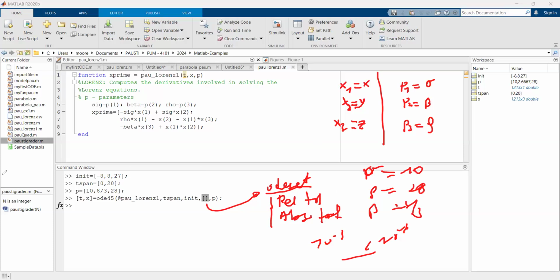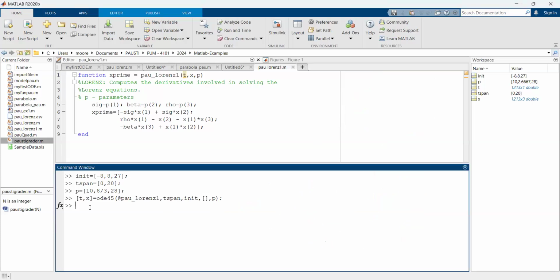Okay, so we finish running, and now we can plot again. We can do similar plots as we did, right? We can do subplots again.